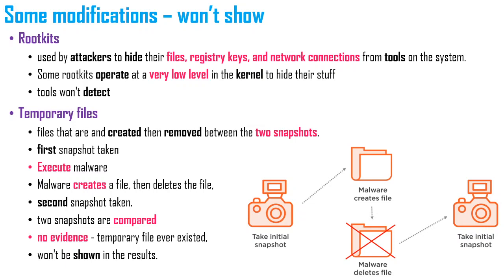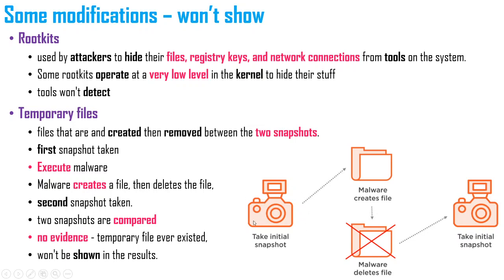For example, the first snapshot is taken, we execute the malware, the malware creates a file, then deletes the file. The second snapshot is taken, the two snapshots are compared, and there is no evidence of the temporary file ever existing. So this won't be shown in the results.